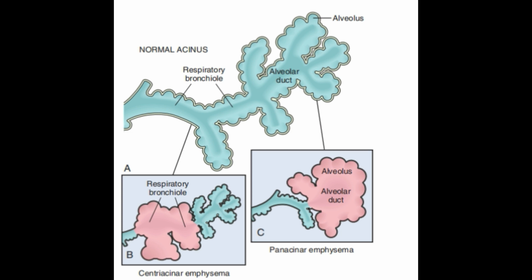Again, the distinctive feature is that the central or proximal part of the acini, formed by the respiratory bronchiole, gets affected, not the distal alveoli.